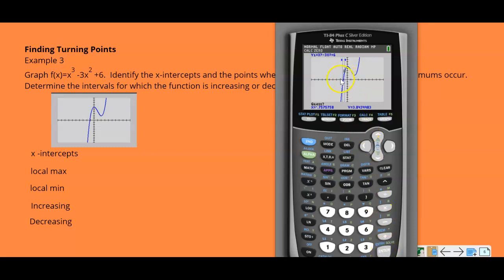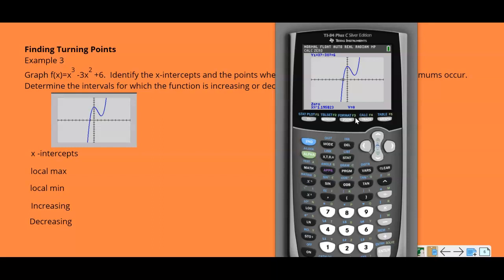Hit enter. It zooms in. You can see it's kind of looking between these two arrows here. And then we hit enter one more time. You do have to hit enter twice, and it gives you that 0. So that 0 is going to be negative 1.195823.